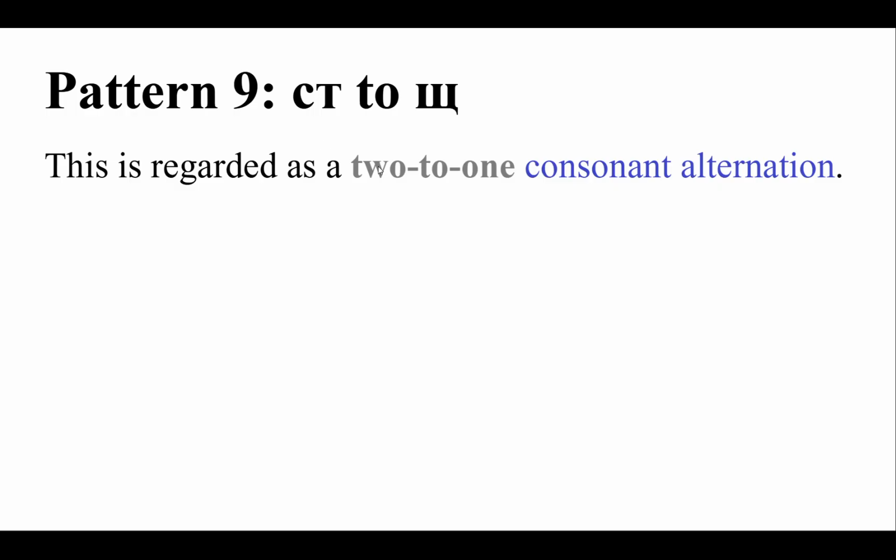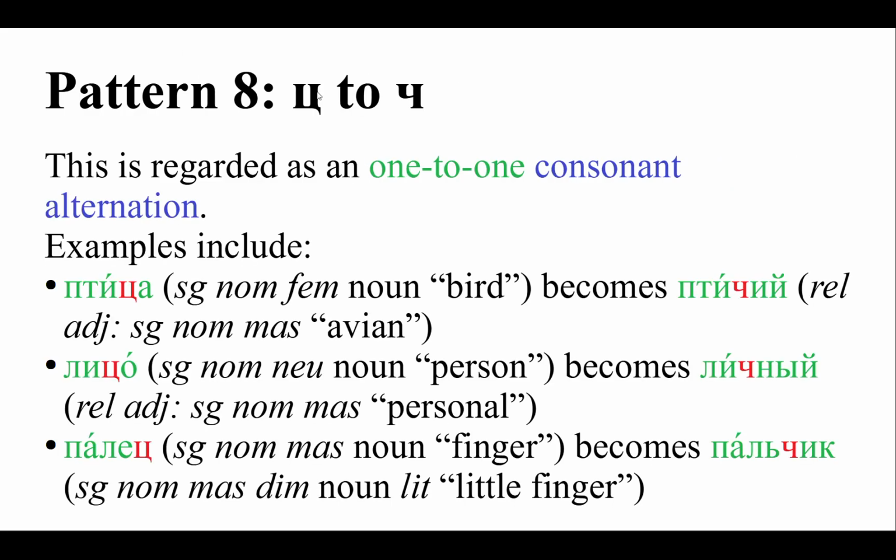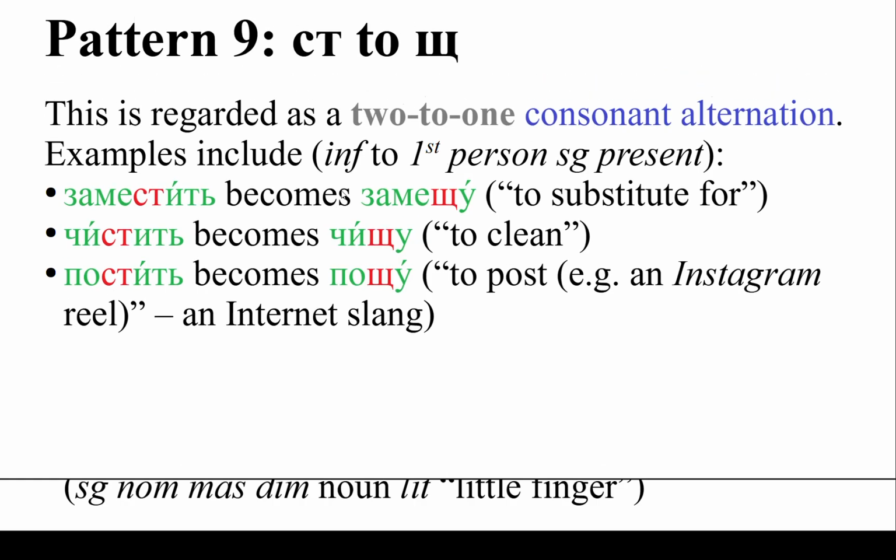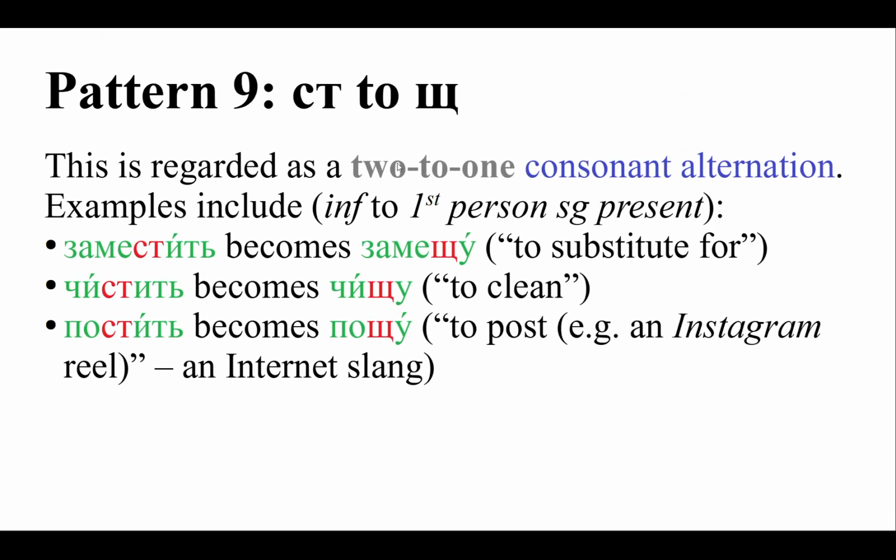So it's different from the 1-to-1 consonant alternation. This time, two letters convert to one letter. Before, we could see one letter to one letter correspondence. This one is two letters to one letter correspondence.